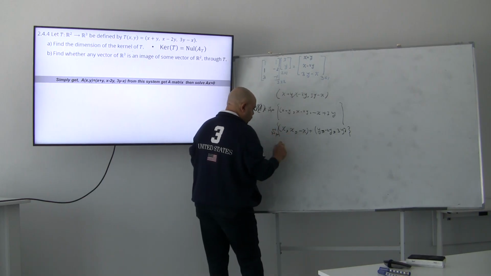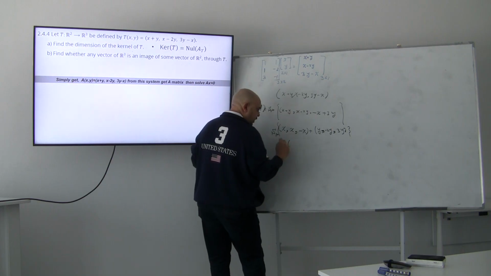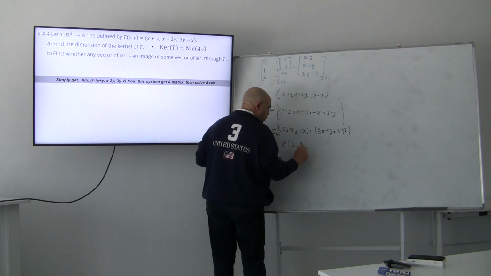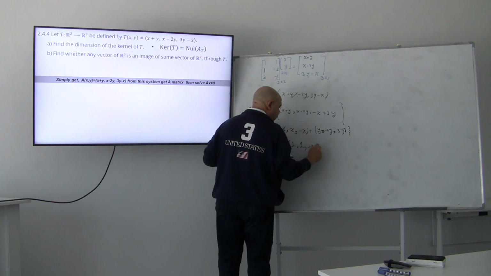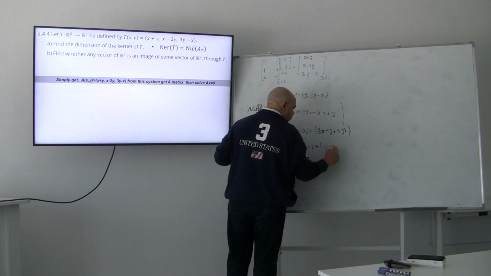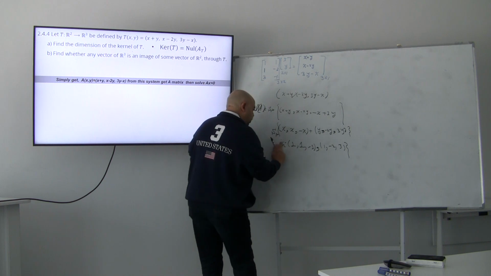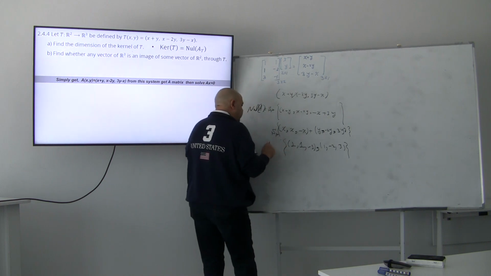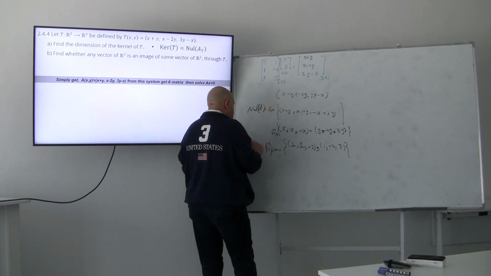For the solution set, take x as common, so it's going to be 1, 1 and negative 1, plus 1, negative 2 and 3. Those are the two main vectors forming the solution set from the span. This is the null of A, as you can see.